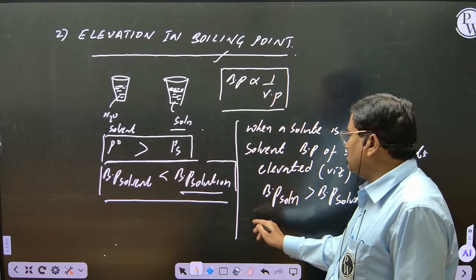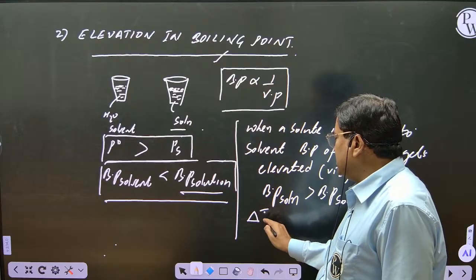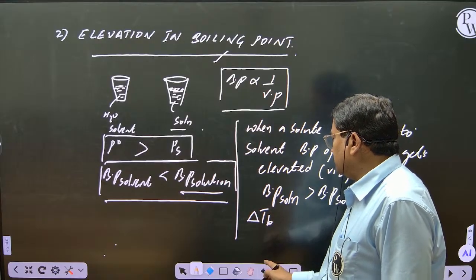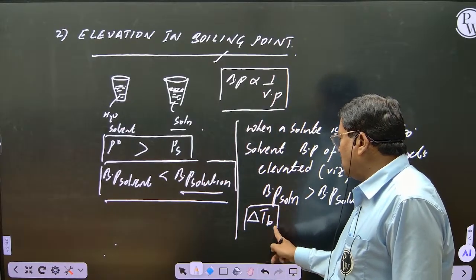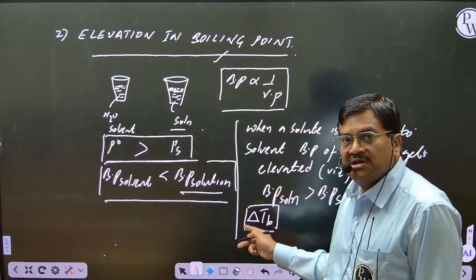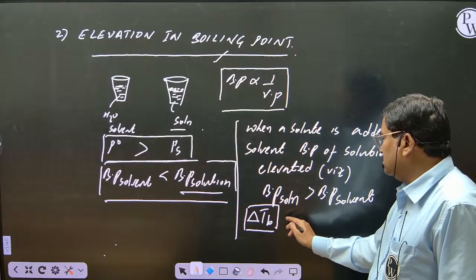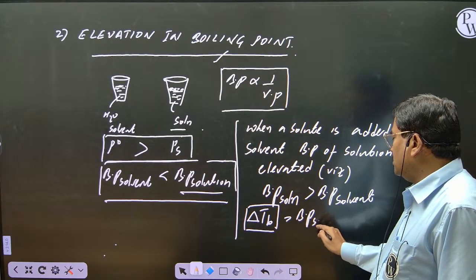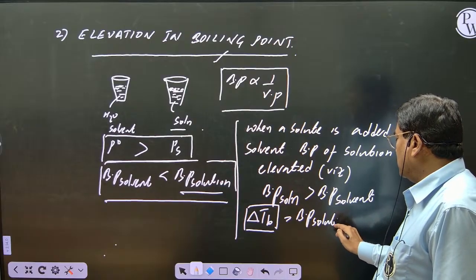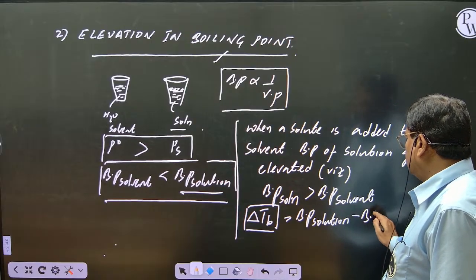Therefore, elevation in boiling point we represent with delta Tb. So what is elevation in boiling point? It is the difference between the boiling point of solution minus the boiling point of solvent.